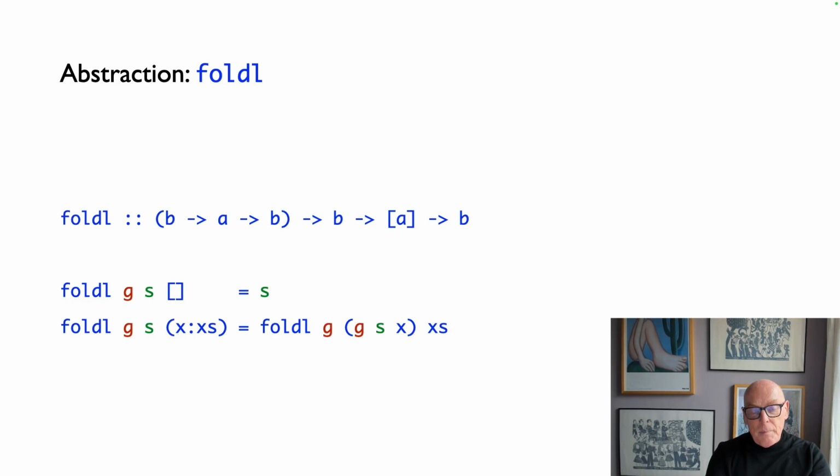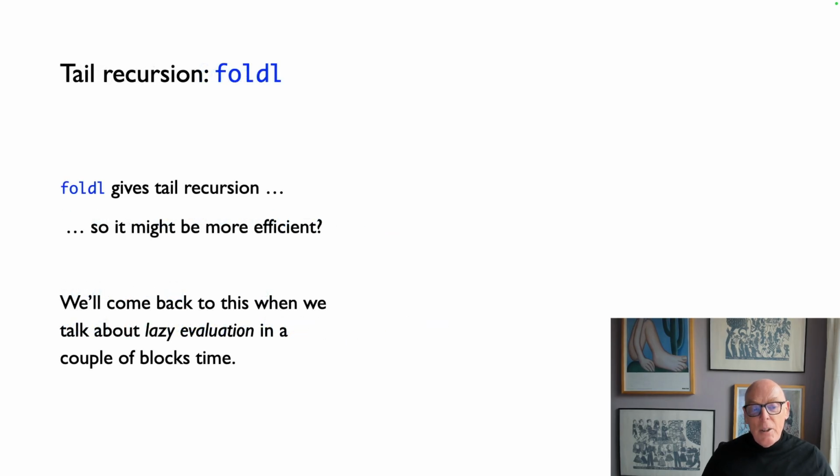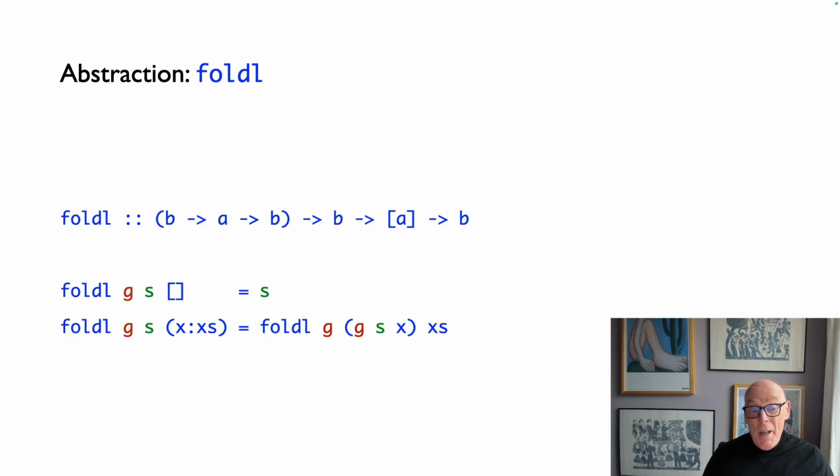So there you see this pattern of fold left, and here's the definition of fold left. On an empty list we get the value s. On the non-empty list we apply g to the value of s and x and make that the new starting value and apply foldl to the rest of the list. So you can see that this is a tail recursion. So maybe it's a more efficient implementation.